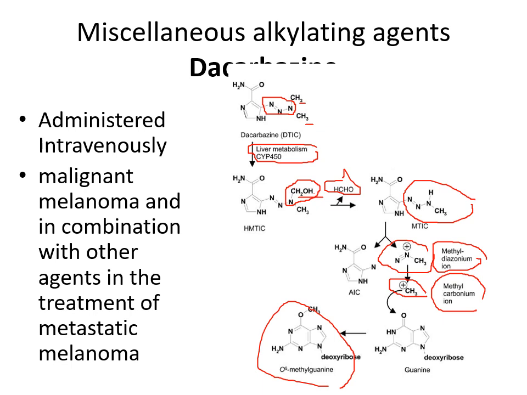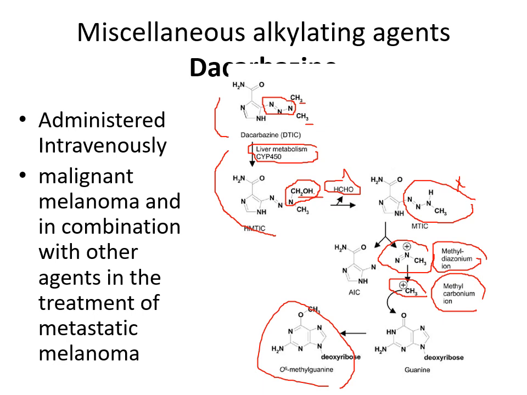Okay, so the main thing that I want you to know from this scheme is that dacarbazine, by metabolic activation, loses one of the two terminal methyls on the triazene group that we have seen, and then it leaves behind this intermediate. I don't care much that you know this intermediate; what matters is that you know what is produced from it, which is the methyl diazonium. Methyl diazonium is the reactive intermediate.